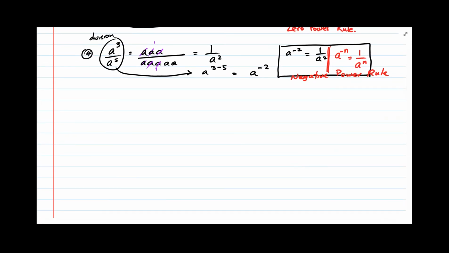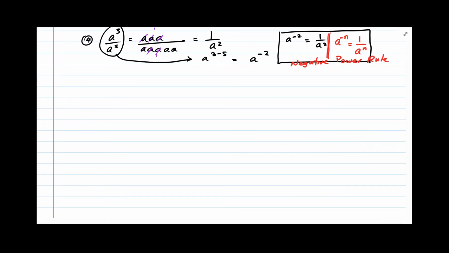Let's look at one of the last rules that I want to look at, and this is called the power of power rule. If I had a cube and I squared it, well, using that outer 2, this is a cube times a cube. And then whether you wrote it out the long way, you ended up with a to the 6th.